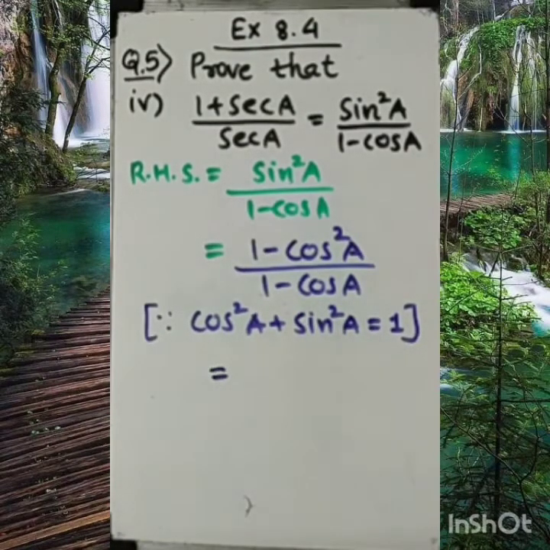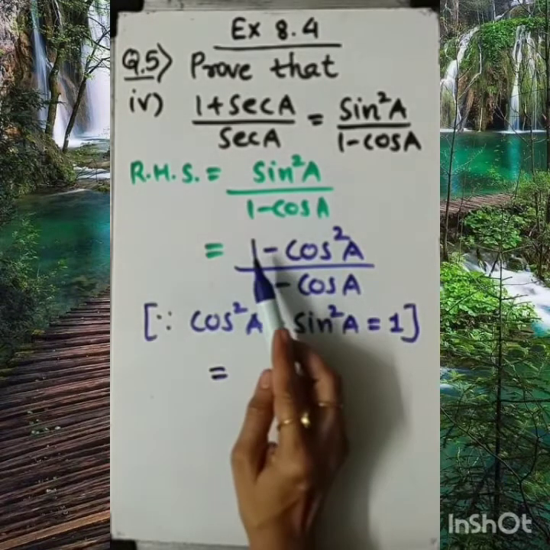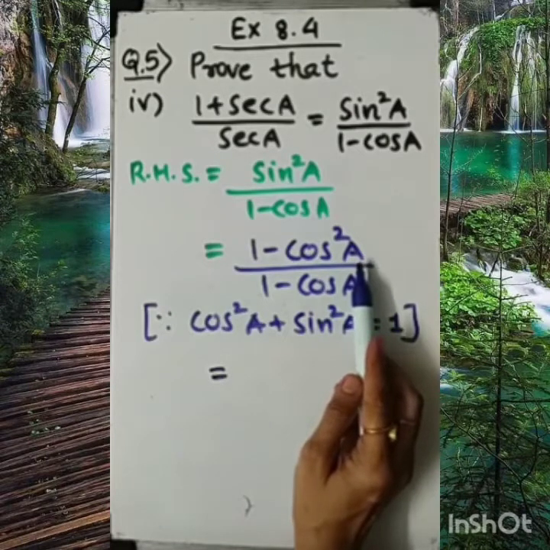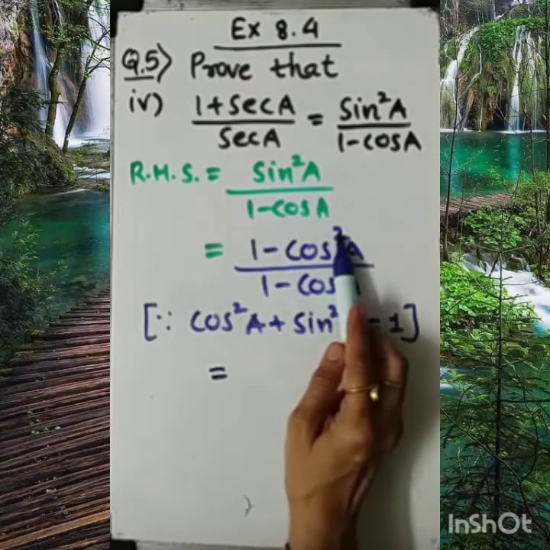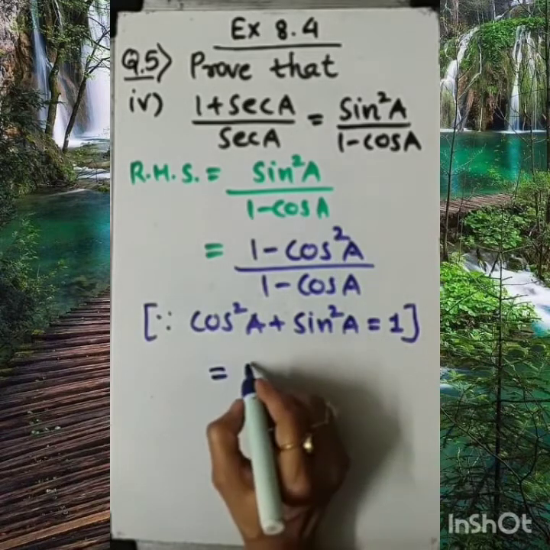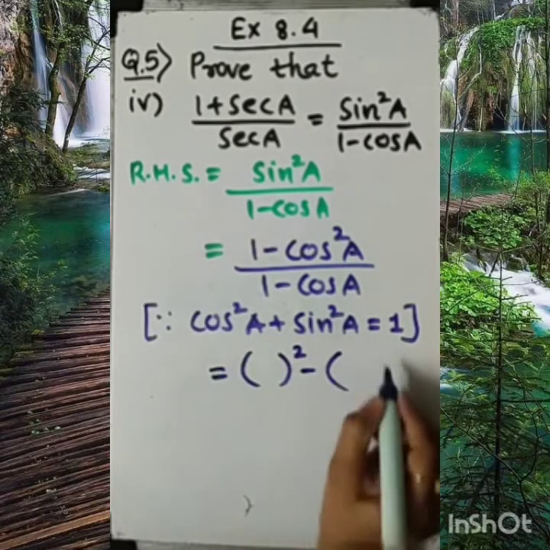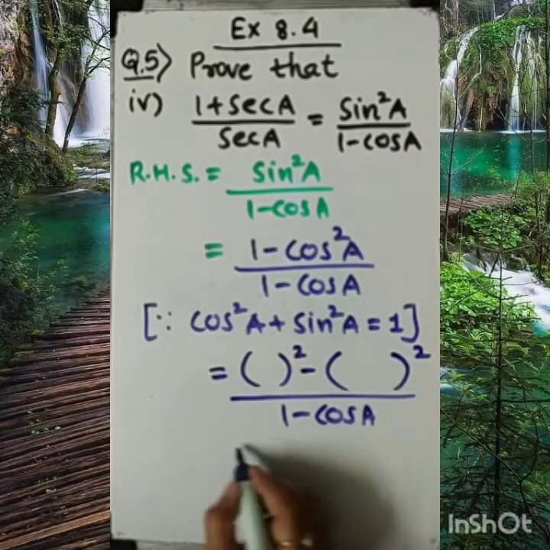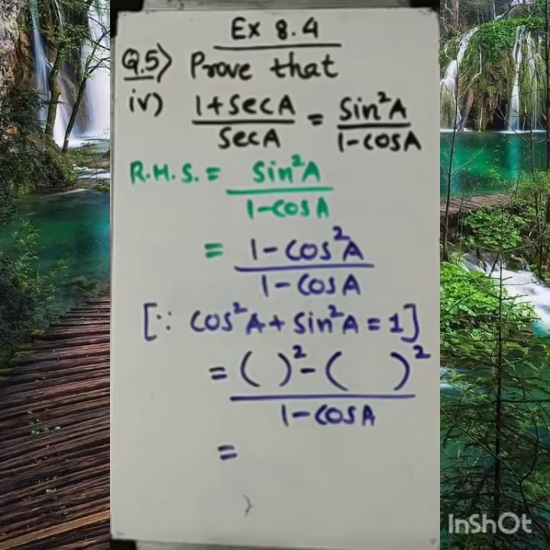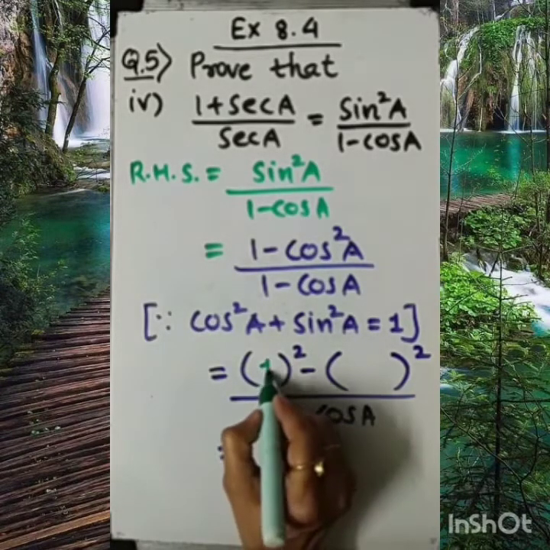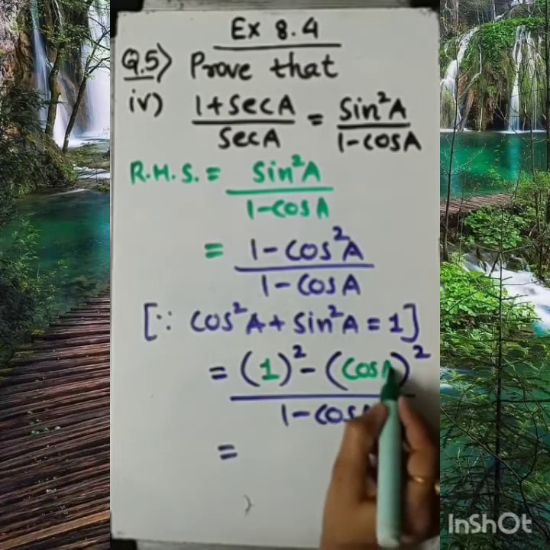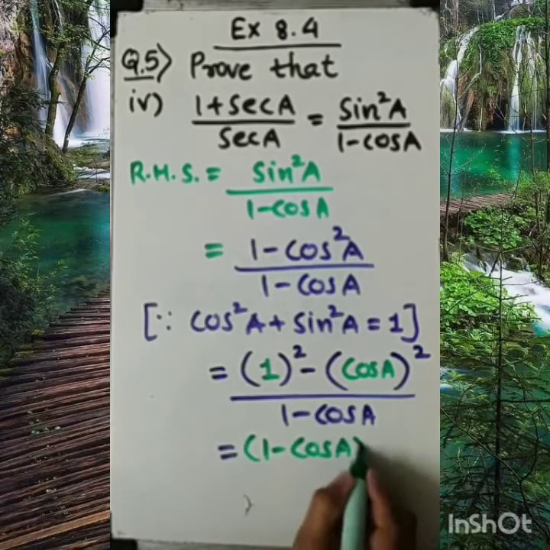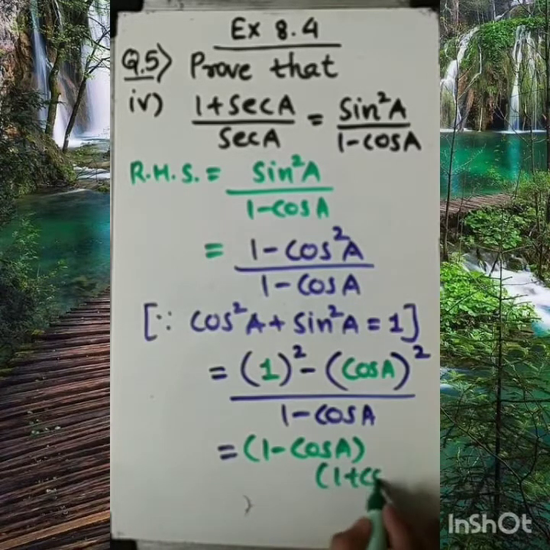Dear student, you know very well, this is somehow looking like A square minus B square. That is the third identity, A square minus B square. With that I am comparing, and in the denominator let it be as it is. Now according to this I need to substitute here 1, and here it is cos A. So A square minus B square will be A minus B, and of course A plus B. Agree?